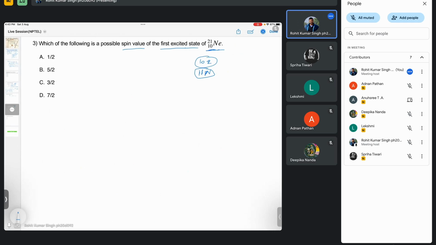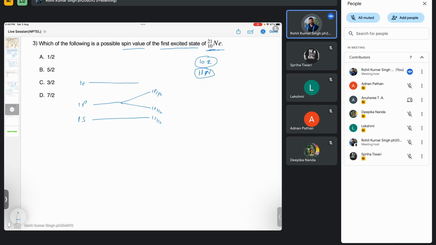Okay, so let me draw the cells again. 1s, so we need 11, right? 1p, so 1p 3 by 2, 1p 1 by 2, then we have 1d.